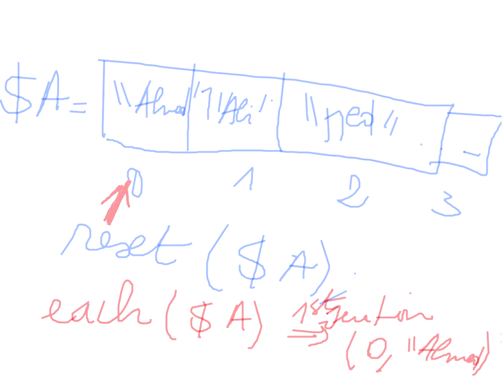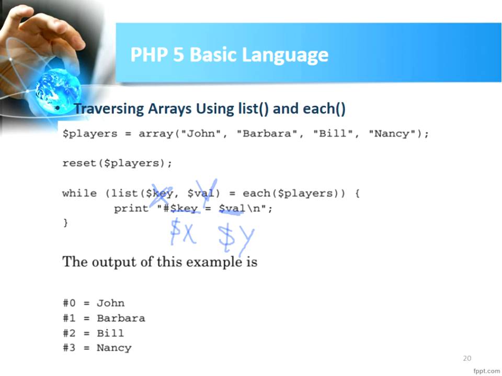It is clear. In the second iteration, each $A returns 1 Ali. In the third iteration, each $A returns 2 Muhammad.